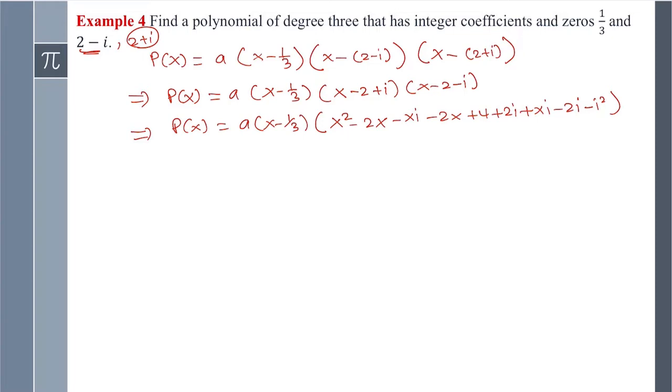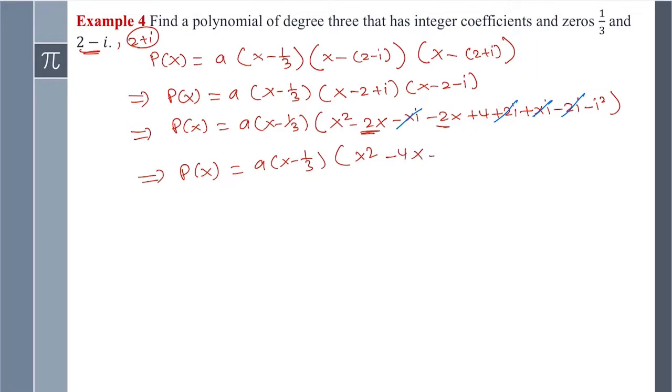Now, there are some terms that we can cancel. So we can cancel out xi and xi, because negative xi plus xi add to 0. Then 2i and minus 2i add to 0. So those are the terms that go away. Then we have p of x equals a times x minus 1/3, then we have x squared, negative 2x minus 2x is minus 4x.